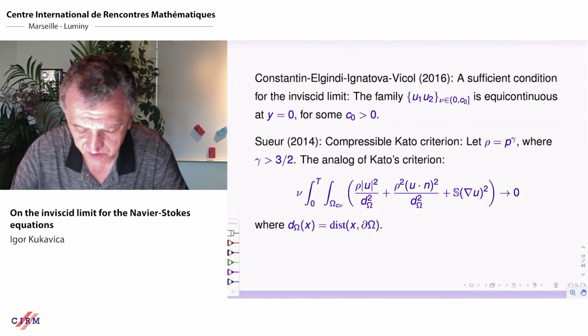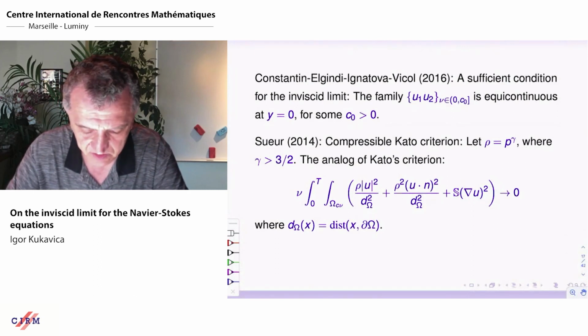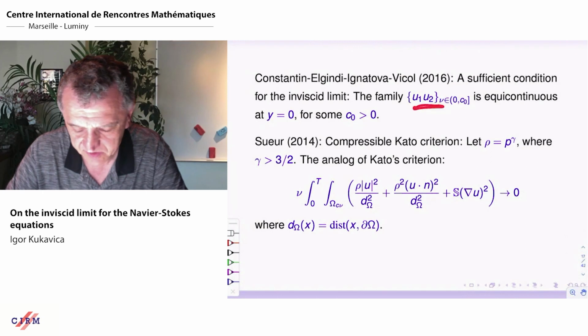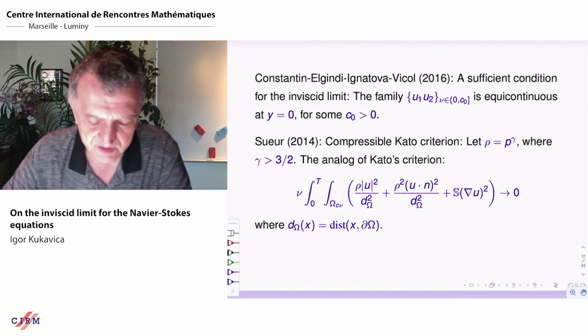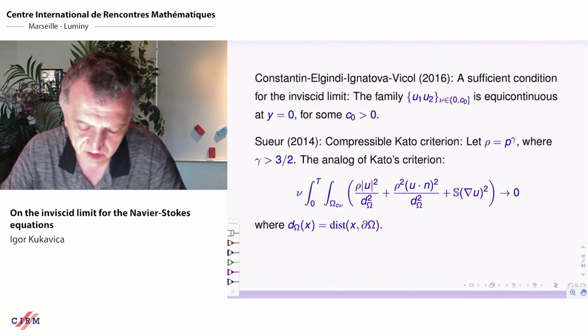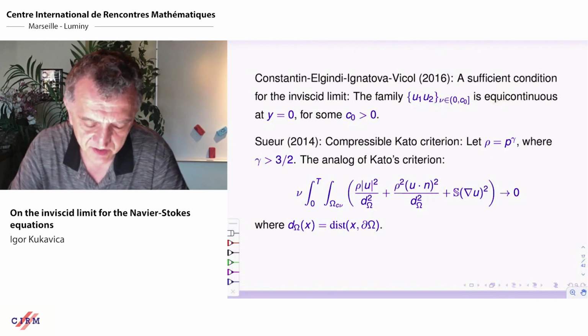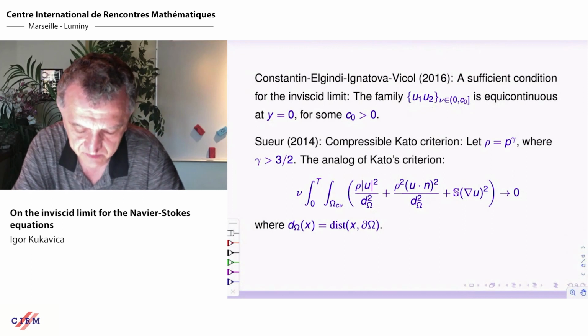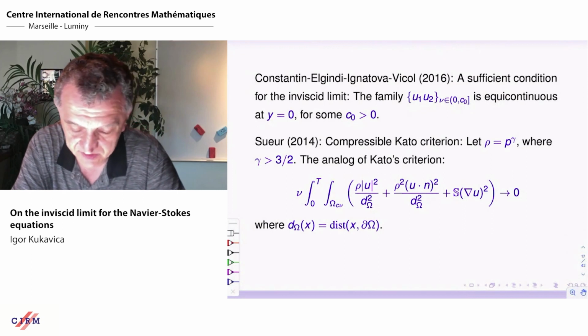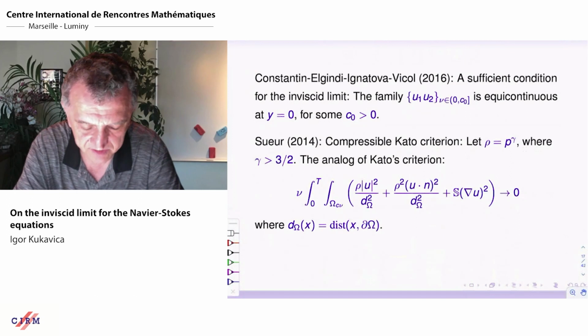Two more or three more. So the Constantin-Elgindi-Ignatova condition we call is that U1 times U2, so this term, is equicontinuous at y equals 0 for some small constant C naught. So U1, U2 is a Navier-Stokes solution. So it's again a sufficient condition for regularity.